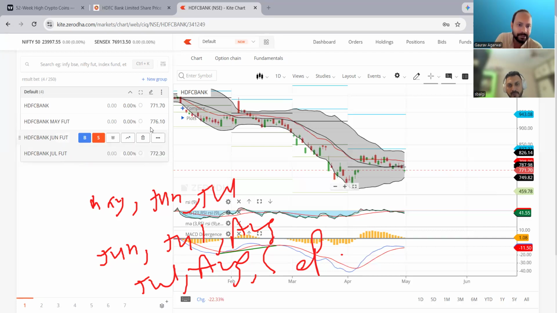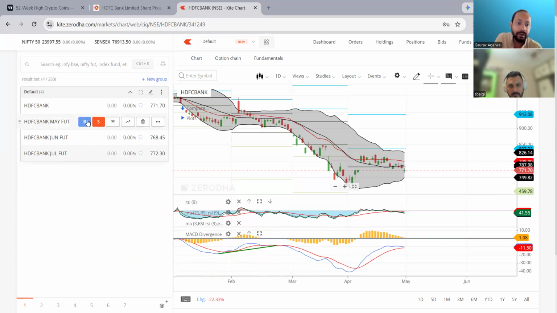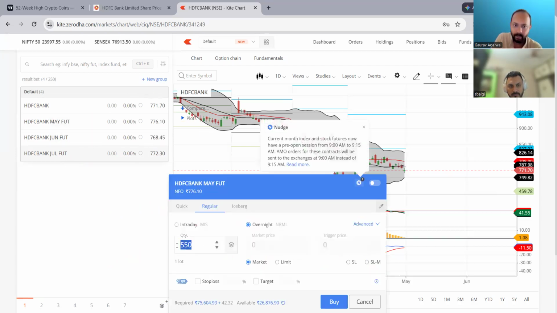Let's say you have purchased the contract here at 776 now in May. At the end of May, like month end, the price becomes 780. In that case, you will be in a profit of 14 rupees, and here we have a thing called lot size. You can see here, quantity: you have to minimum buy 550 quantity.